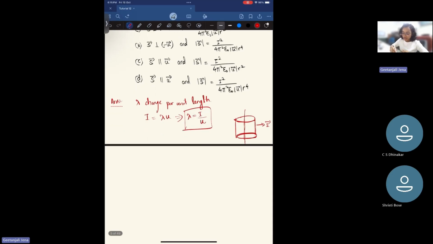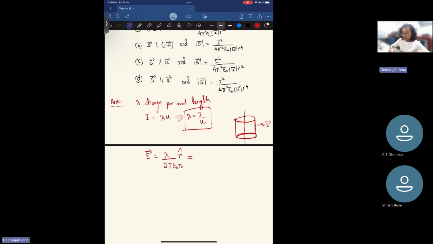So the electric field will be lambda by 2 pi epsilon r. I hope you know the detailed calculation of this electric field. If not, let me know.